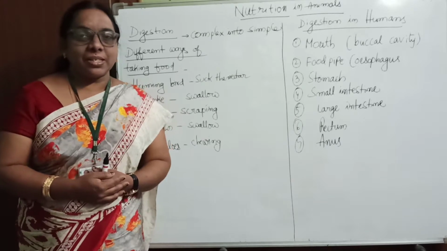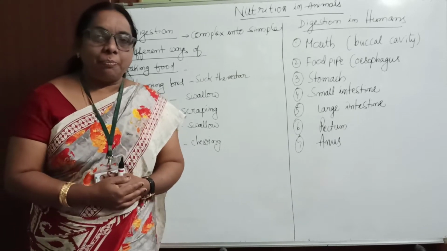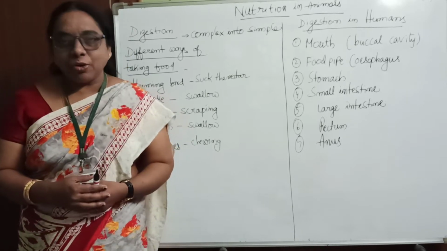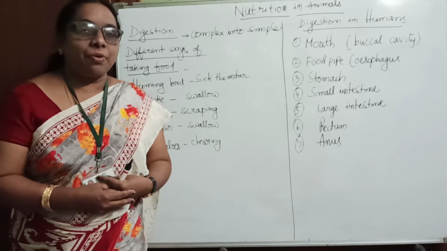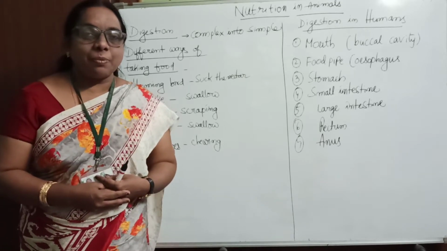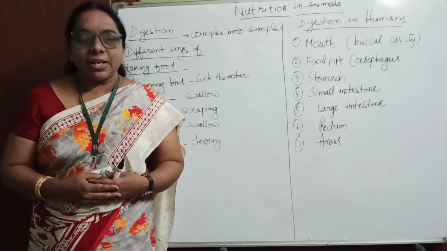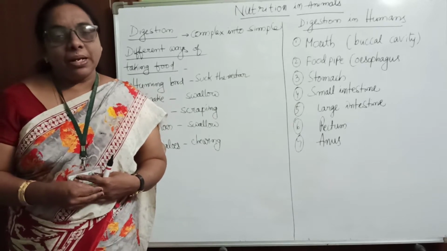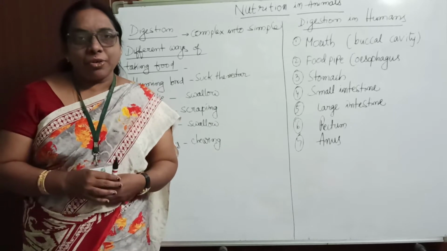What are the different components of food that give us energy? We take them in the form of carbohydrates, which are richly available in rice, and also proteins, minerals, vitamins and so on. These are called food components.